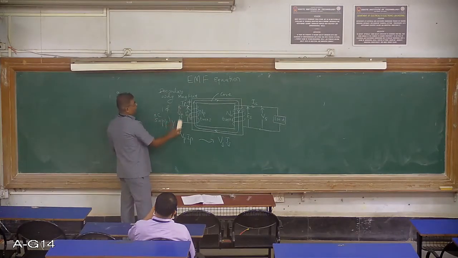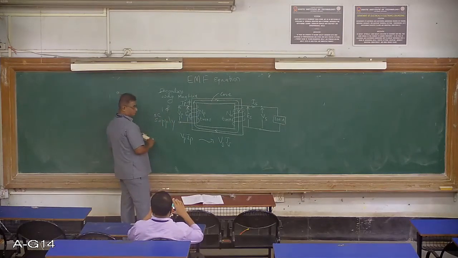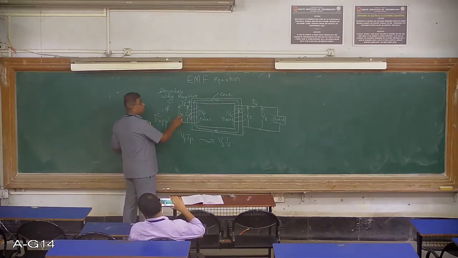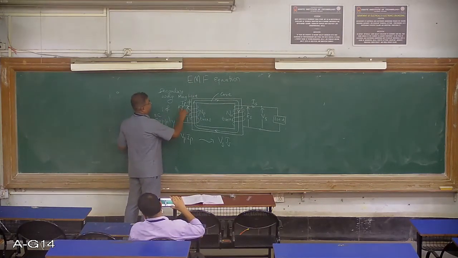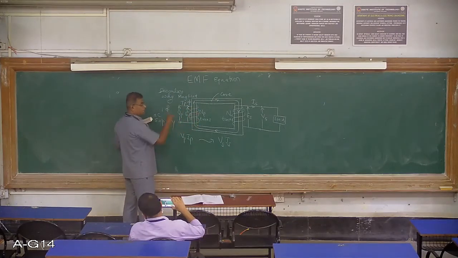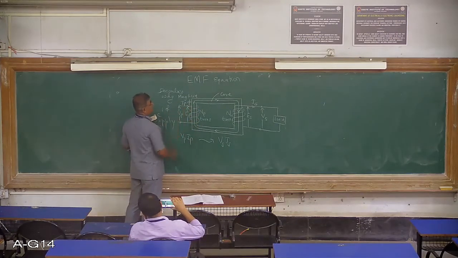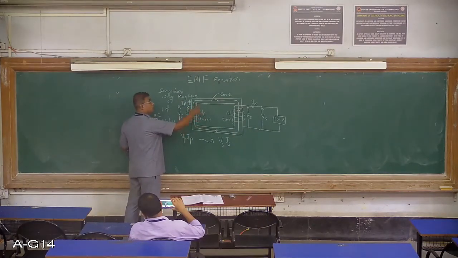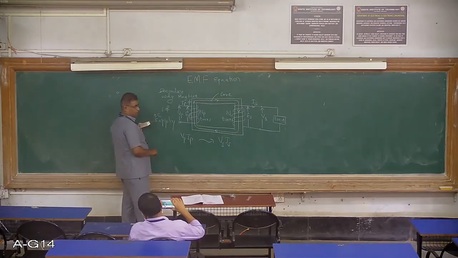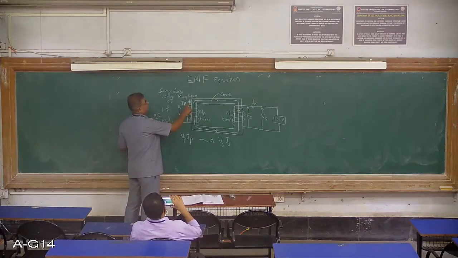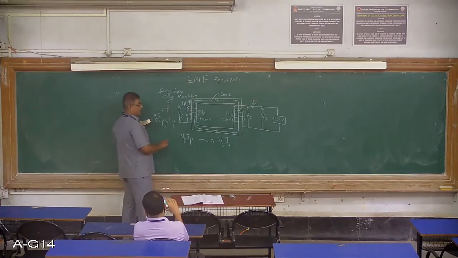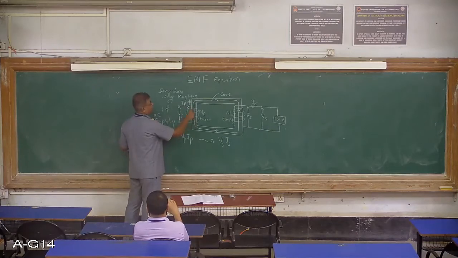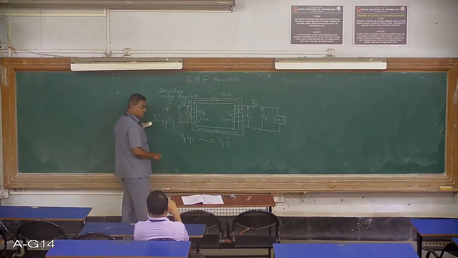Whenever we apply a single phase AC supply with voltage Vp, the flux is produced in the primary. That flux is alternating in nature. It is linking with the primary itself. And this flux being alternating in nature, the flux linked with the primary turns is changing.